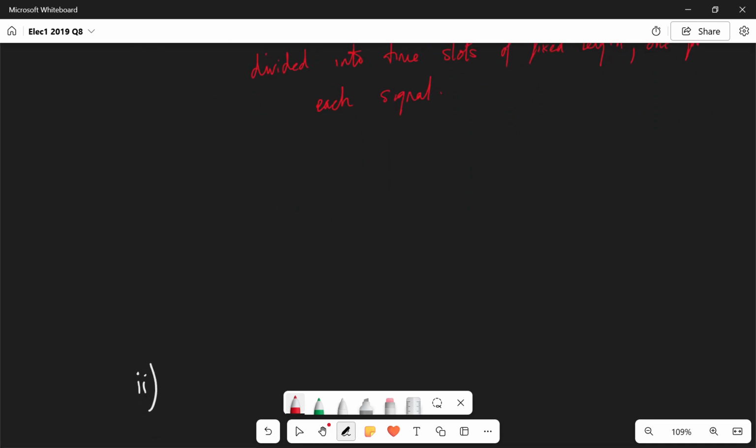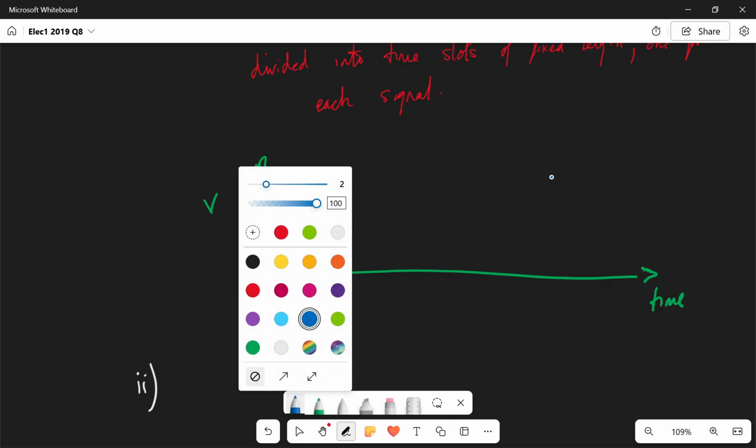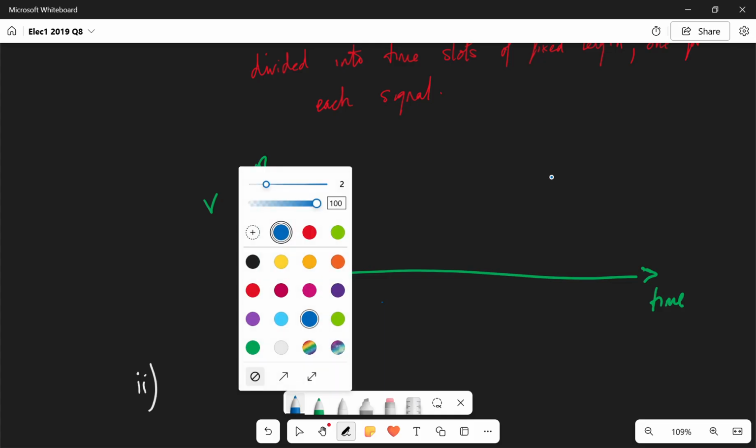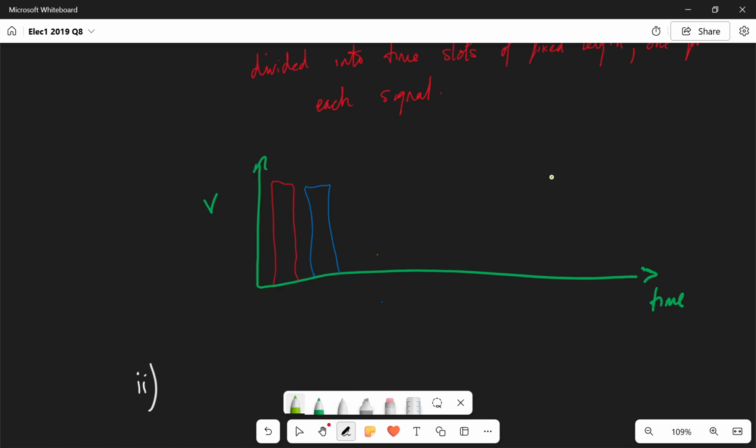In essence, what you're trying to describe is a familiar diagram where we've got maybe voltage and we've got time, and what we try to create is blocks, and these are the samples from each of the channels.